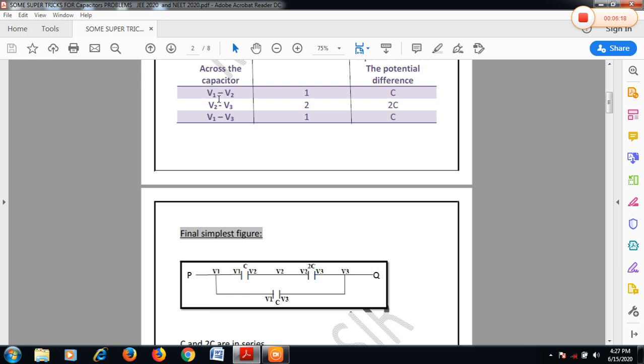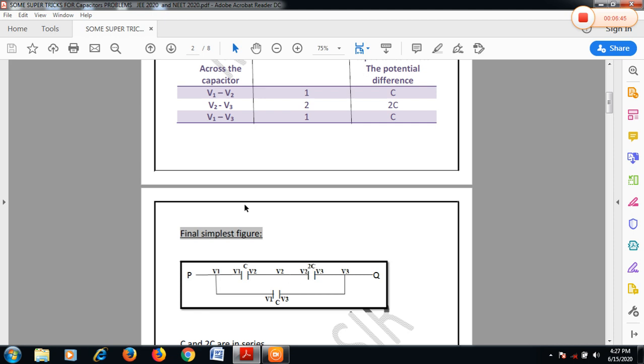Between V1 and V2, the equivalent capacitor is C. Between V2 and V3, we have connected a capacitor of capacitance 2C.